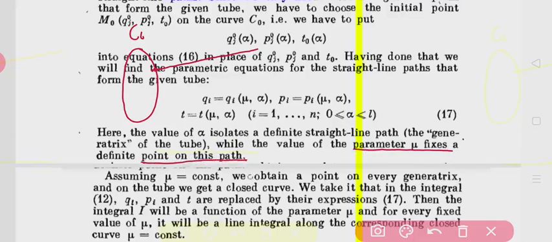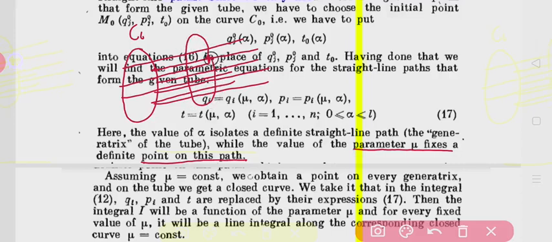So if you fix mu, suppose mu is constant, there are so many generatrices. For different values of alpha, mu is constant everywhere, meaning mu is constant on every generatrix on the tube.